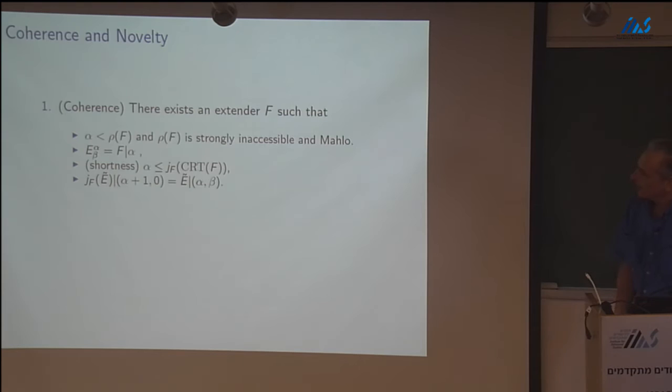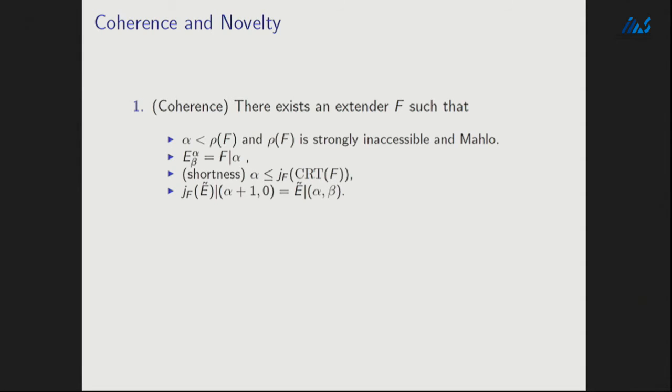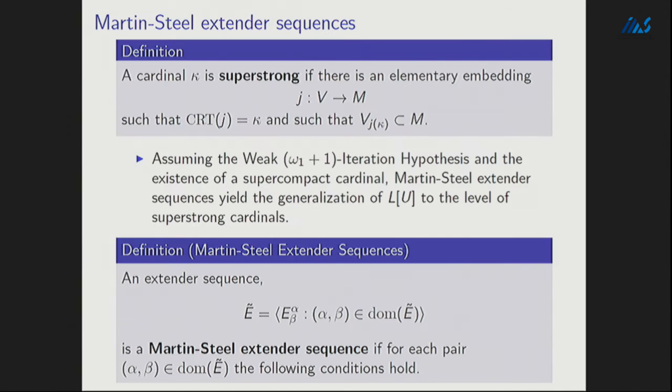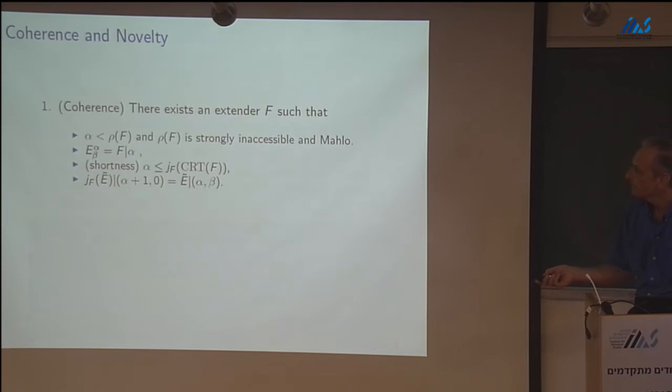Okay, the first thing, you want to make sure that your extenders come from real extenders and in a proper way. So that's the coherence condition. Remember, I'm describing the requirements for alpha beta being in the domain. This is an induction.